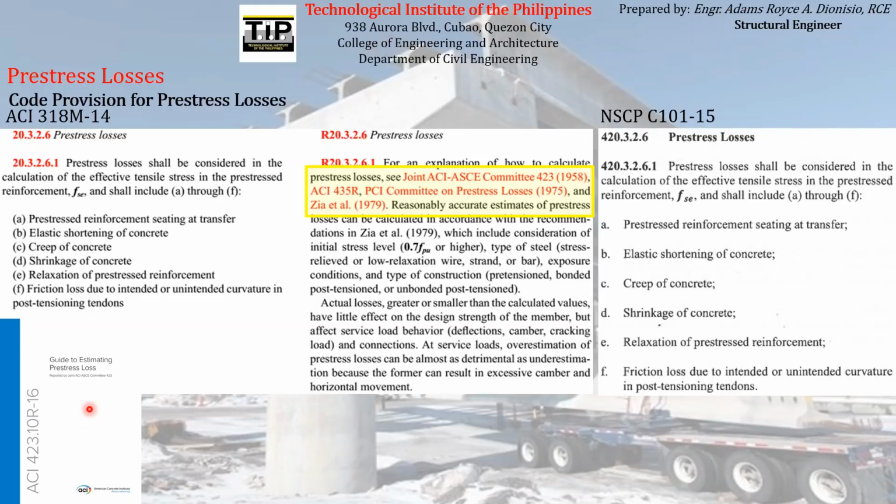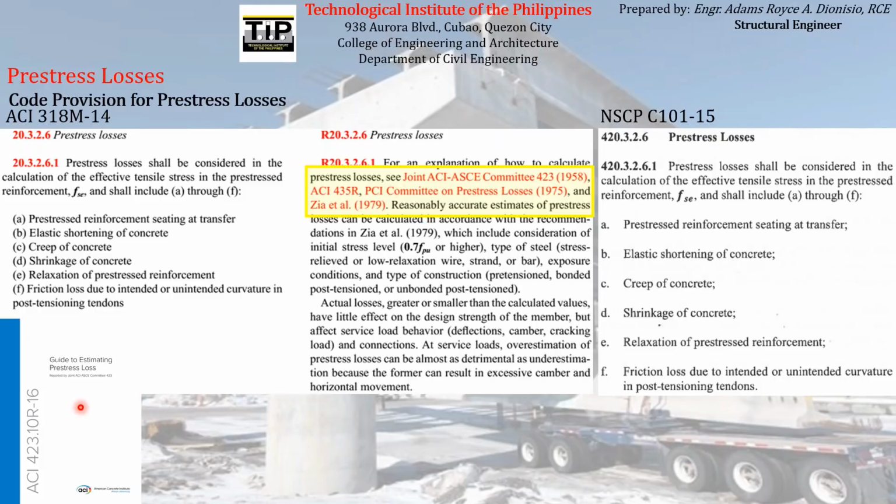You can see that this particular guide to estimating pre-stress loss is ACI 423.10R-16. I think this is the latest version of this guide made by the Joint ACI-ASCE Committee 423.